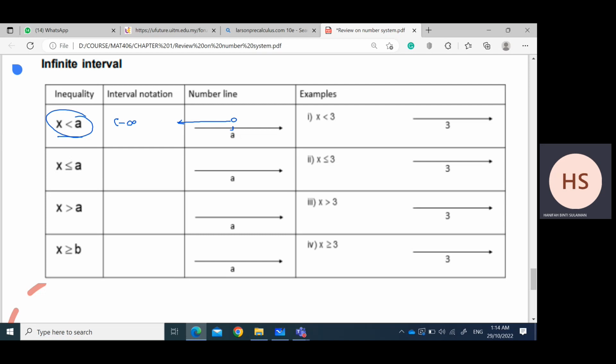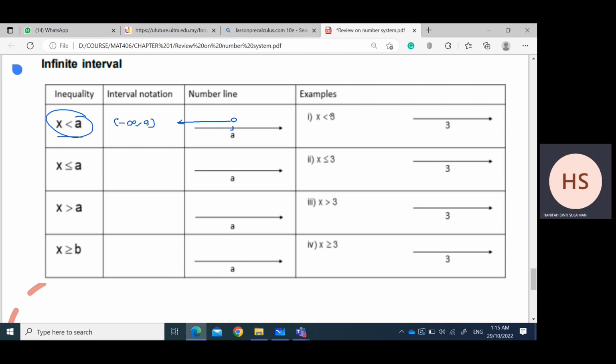So bila to the left means that it goes to a negative number. Okay. So here we can say that the smallest number is negative infinity. What the number is, we do not know. Okay, dia yang paling kecil sekali di dunia lah. And the largest number for X here is A. Itu pun bukan pada A. Okay. This one is an interval notation for this kind of inequality.